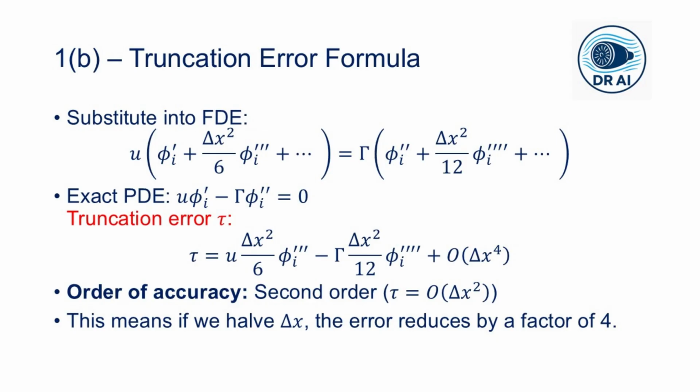Now, the smallest power of delta x in this truncation error is delta x squared. So we say that the scheme is second order accurate. This means that if we halve the grid spacing, the truncation error decreases by a factor of 4, at least asymptotically.